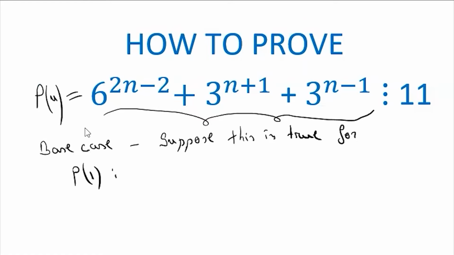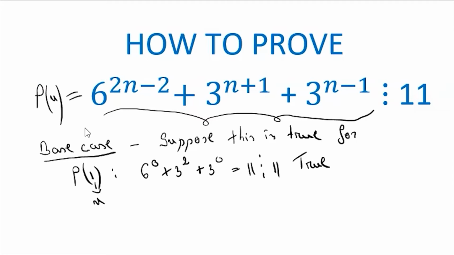P of 1 equals with 6 to the power of 0. In our case, 1 equals n. 6 to the power of 0 plus 3 to the power of 2 plus 3 to the power of 0 equals with 11. Yes? Which is divisible with 11. So, the base case is true.